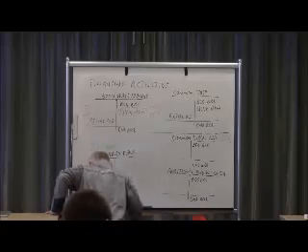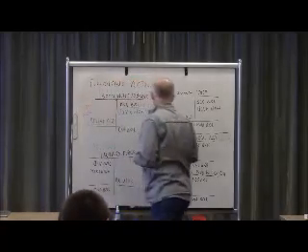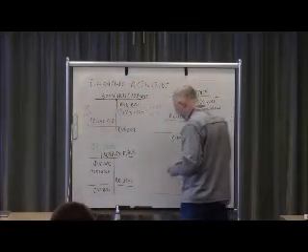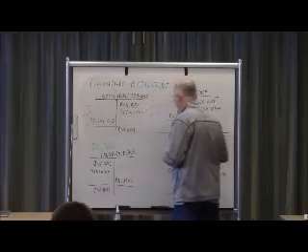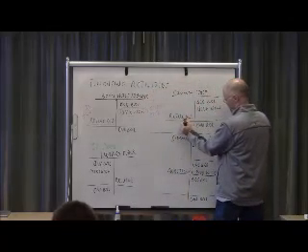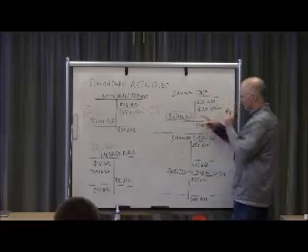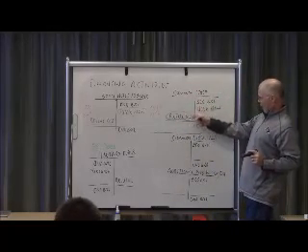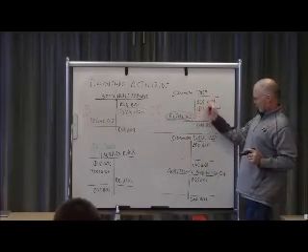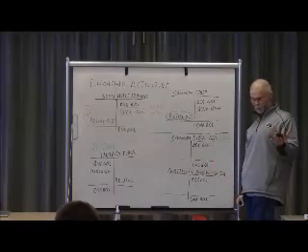Okay, with treasury stock, what happens if you buy back stock and just want to get rid of it? You debit the common stock account, and that basically just decreases the amount of stock that's there.